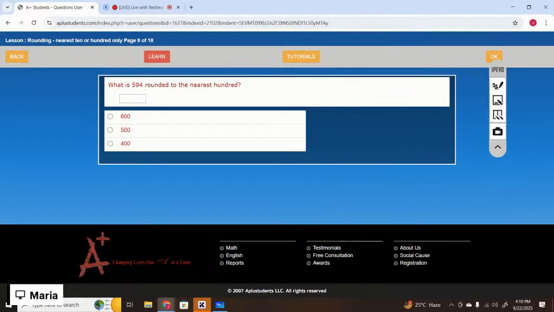What is 594 rounded to nearest 100? 594 is rounded to 600.